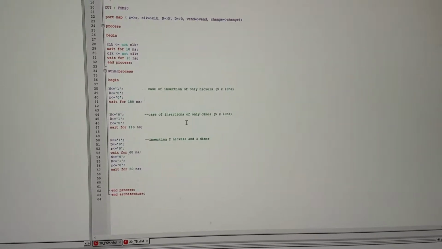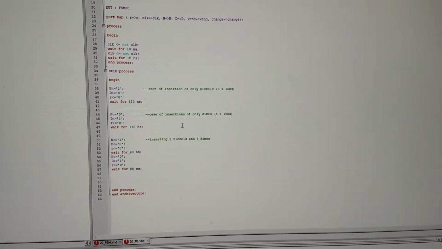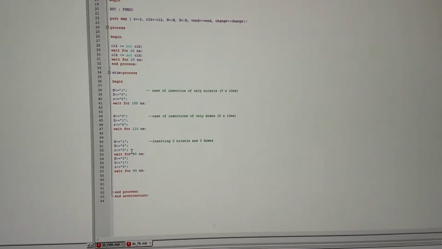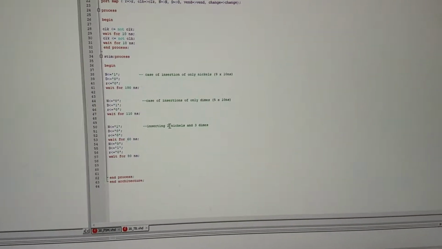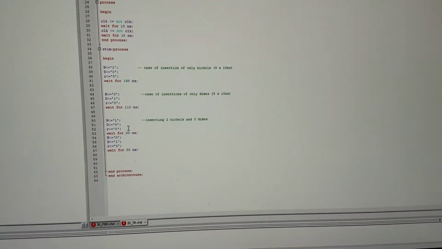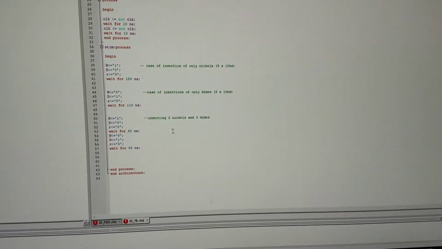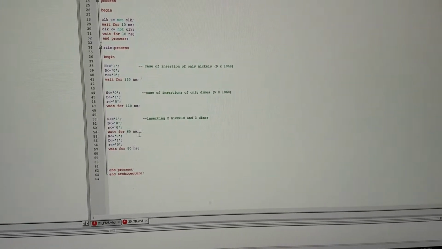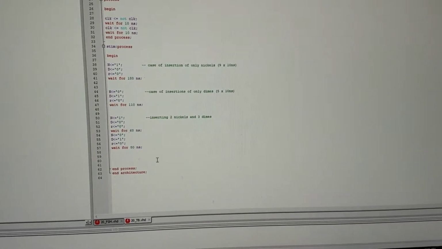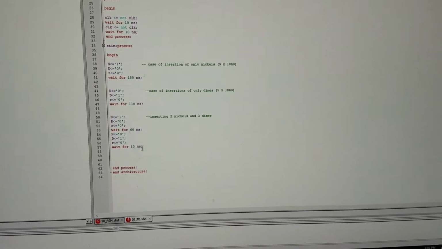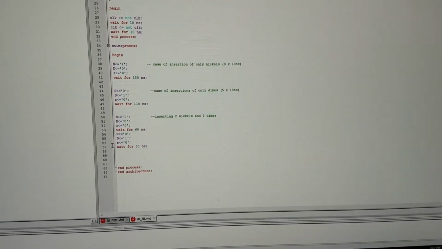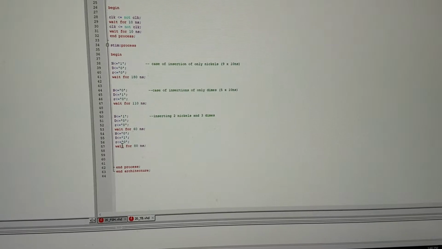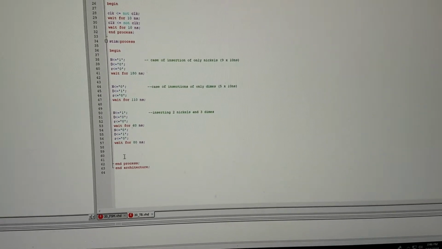And same here for dimes, we have a case of inserting only dimes. And then here, we're inserting two nickels and 3 dimes, running for 60 seconds. So yeah, moving to the simulation.